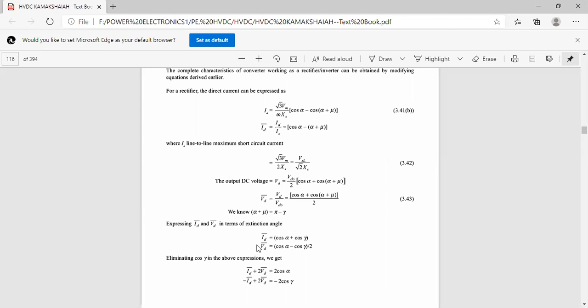Bring this 2 to this side, 2 Vd, and add equation 1. Then plus cos gamma and minus cos gamma will be cancelled. ID plus 2 Vd is equal to cos alpha plus cos alpha, it will be 2 cos alpha.